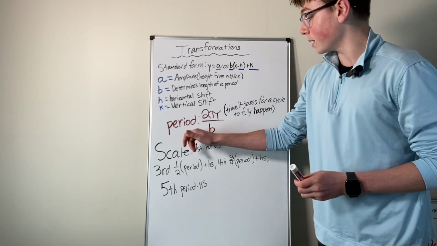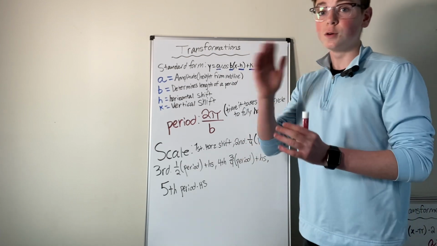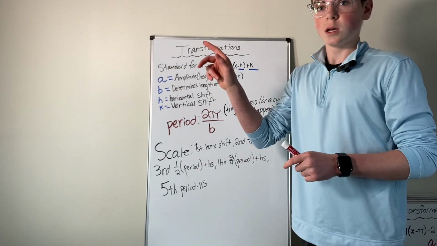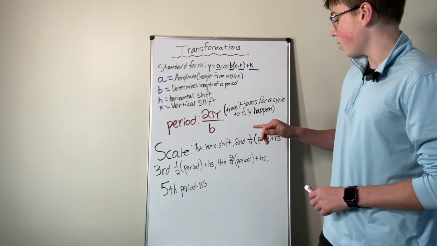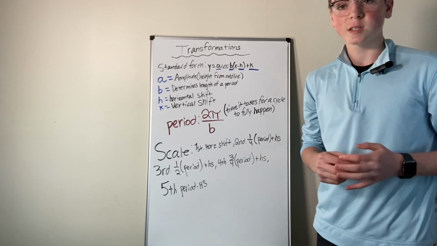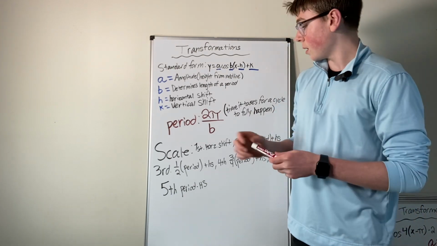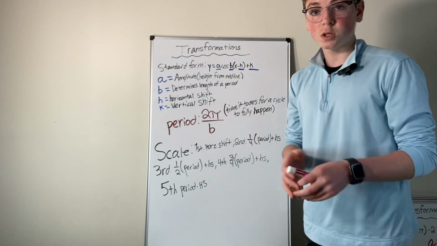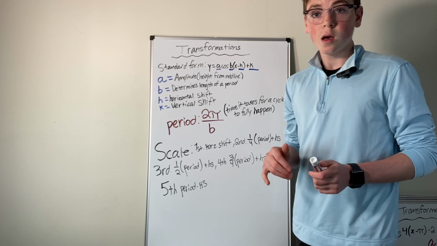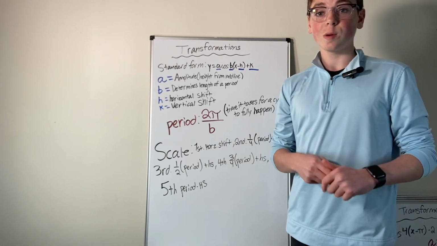Then b determines our length of a period. Again, the period is 2 pi over b because it takes a full 2 pi for that u to happen, and then it'll restart once the circle goes around again. So the period is the time it takes for a cycle to fully happen. So if our b is 2, then 2 pi divided by 2 would be pi, so our period would be pi.